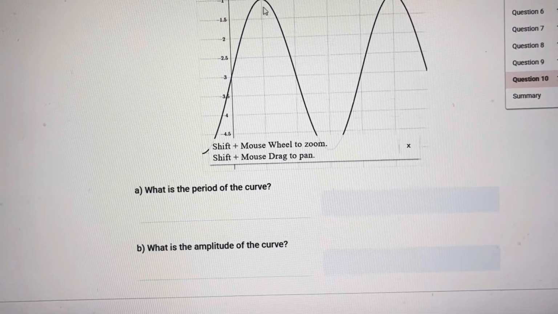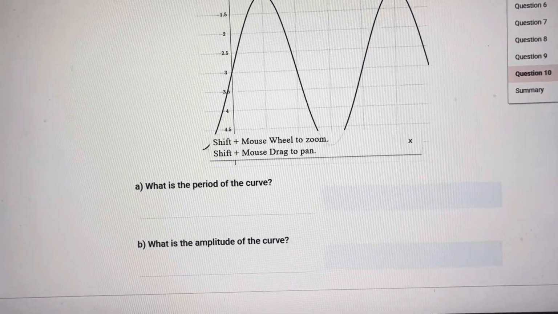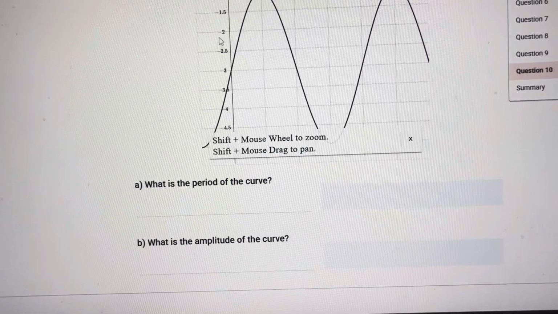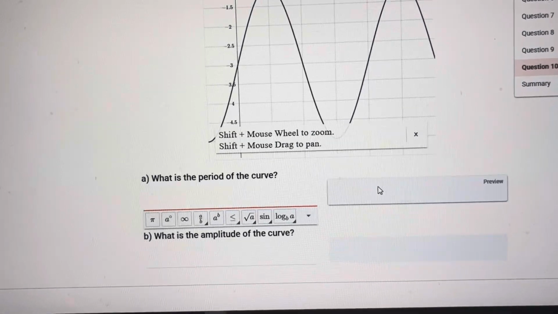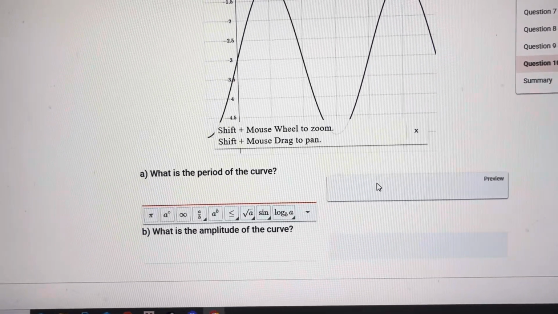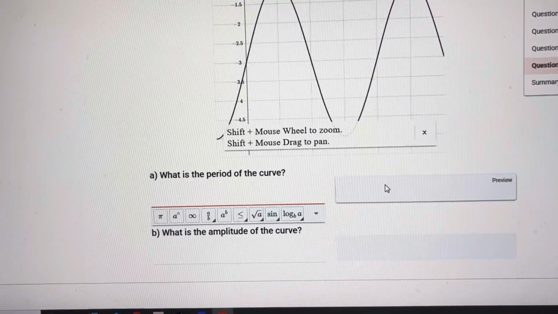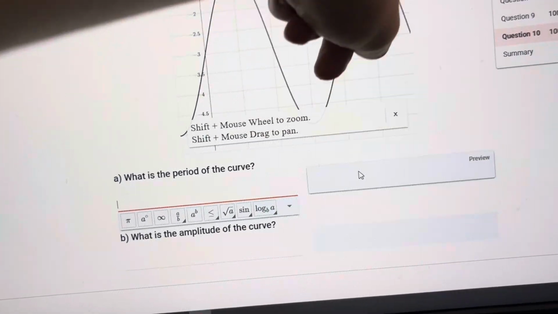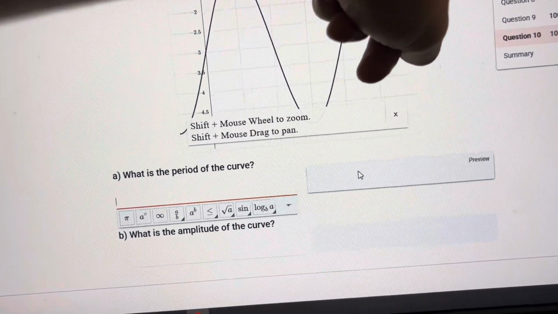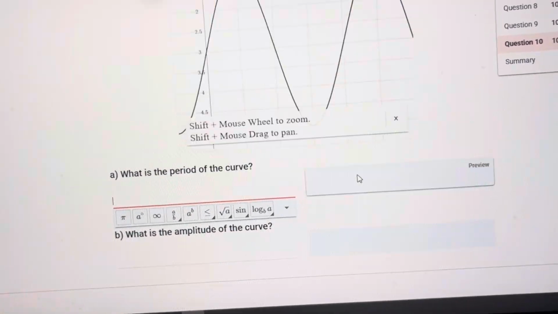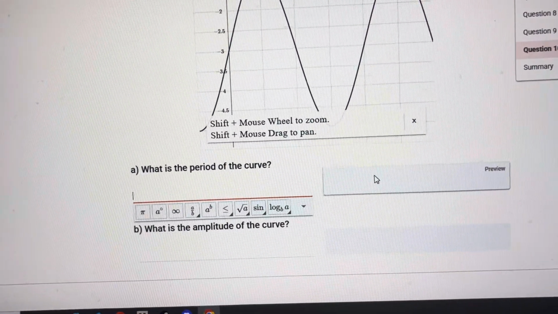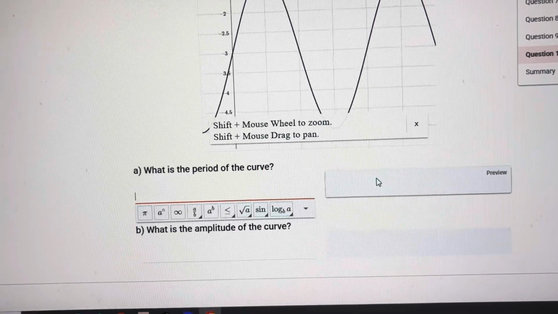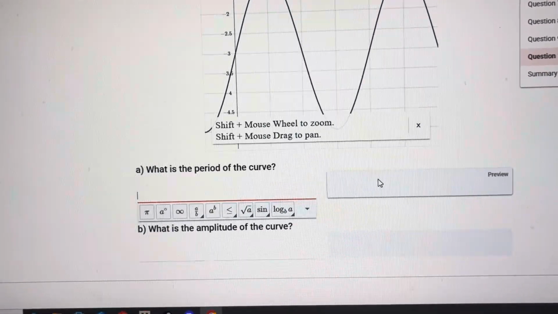Then the period here. To solve for the period, this is at pi halves, and then we'd have another one at pi, another one at 3 pi halves, and another one at 2 pi.